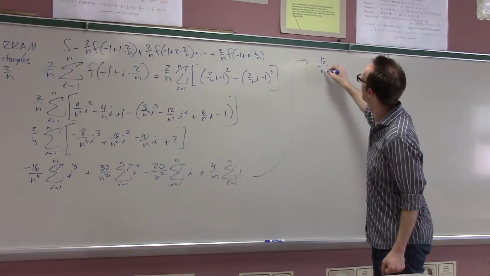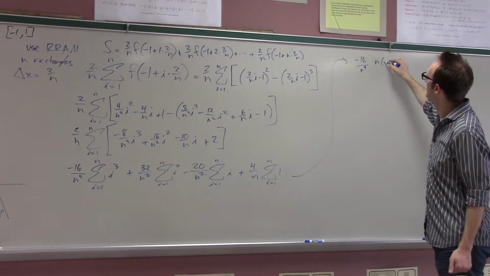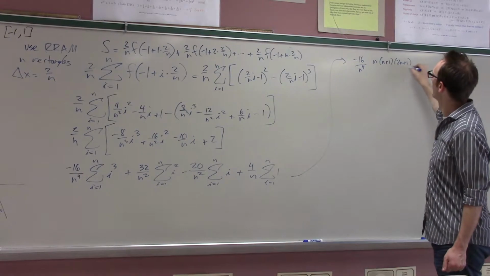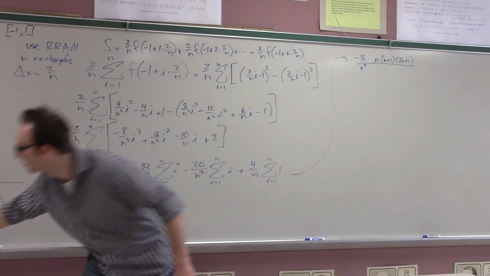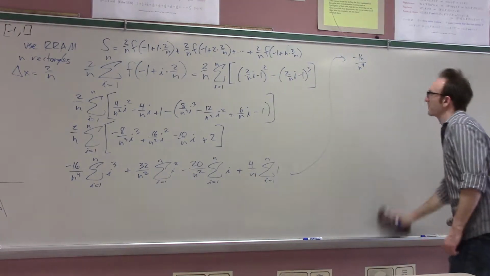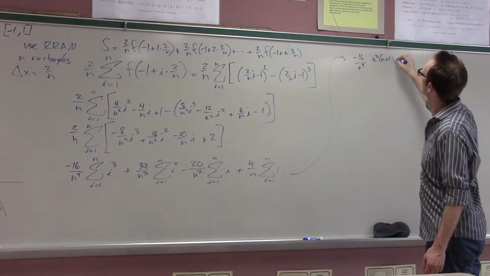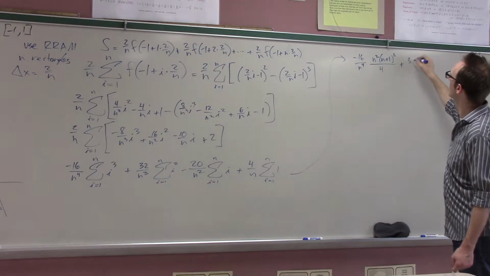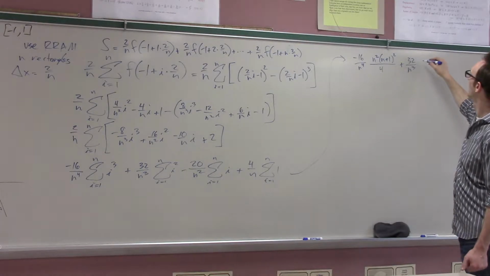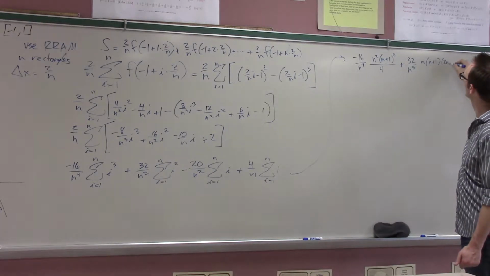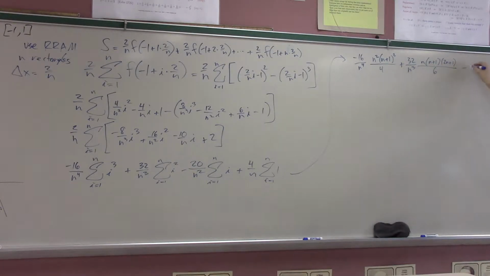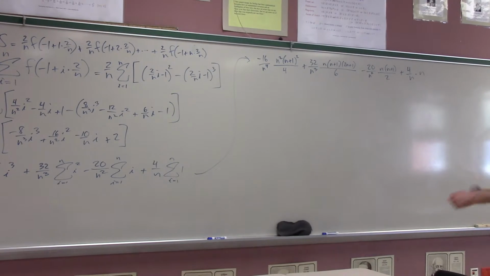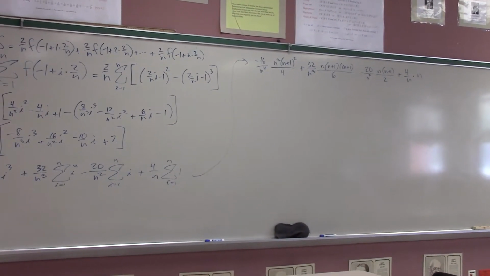It's -16 over n to the 4th times n squared, n plus 1 squared over 4, plus 32 over n cubed, now this is n plus 1, 2n plus 1 over 6, minus 20 over n squared, n plus 1 over 2, plus 4 over n times n. Cool, I feel like that's all right.